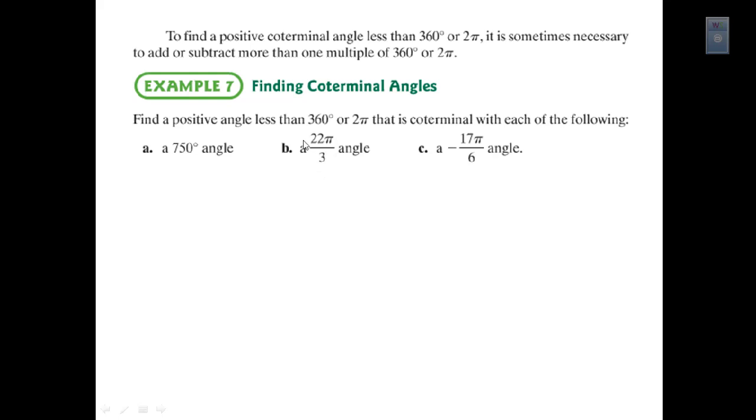So you're going to have to subtract 2 pi, subtract 2 pi, subtract 2 pi, and then you'll have something between 0 and 2 pi. So I'm not going to work those out, but understand that if the angle is big enough or more negative, you may have to add or subtract 360 or 2 pi multiple times.